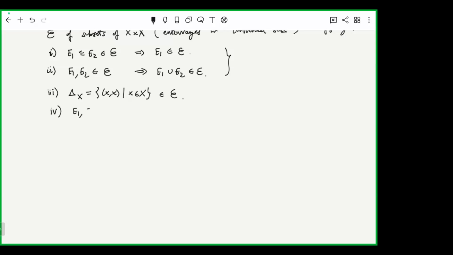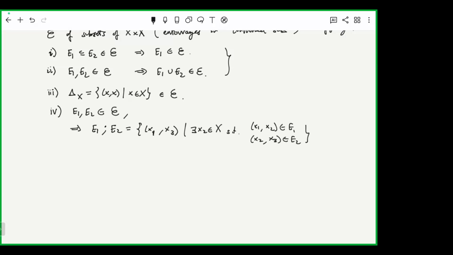So if E1, E2 are controlled, then the composition, again, this is the set of x1, x3 such that there exists some middle point x2 in X for which x1, x2 is in E1 and x2, x3 is in E2, also has to be controlled. Again, we can think of this as a composition of arrows.